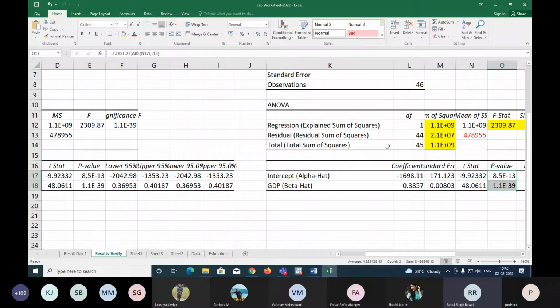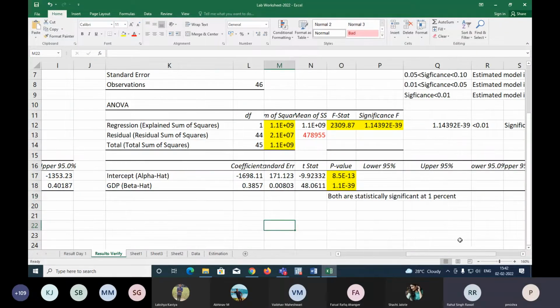So I can just mark it in yellow and write: both are statistically significant at 1%.